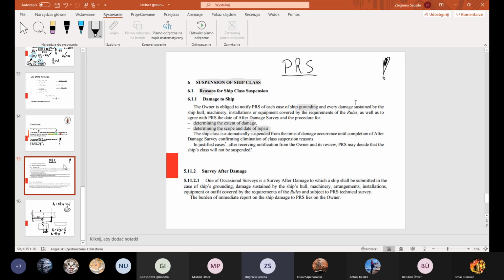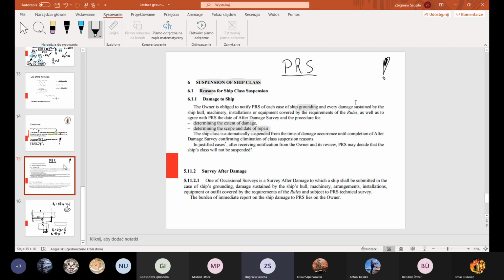So frequently after grounding, it is necessary to dry dock the ship or to survey the ship using underwater camera and using remote underwater vehicle. It is frequent, at least to my experience.